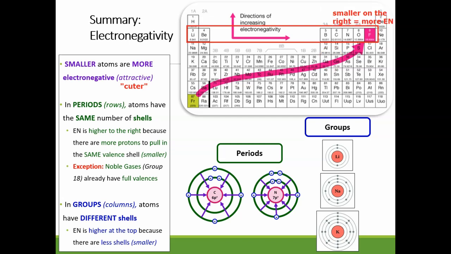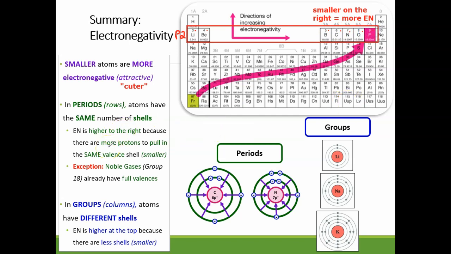But again, we talked about the reason why yesterday, and the reason has to do with the fact that they all have the same number of valence shells, but they have different protons. In this period, all of these are in period 2, and so they all have 2 shells. As you go from left to right, you can see that they're increasing their number of protons. Lithium has 3 protons, beryllium has 4, boron has 5, 6, 7, 8, fluorine has 9.